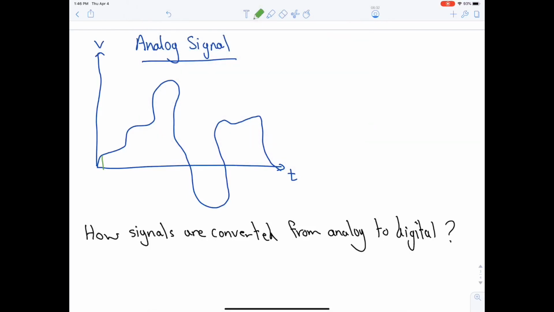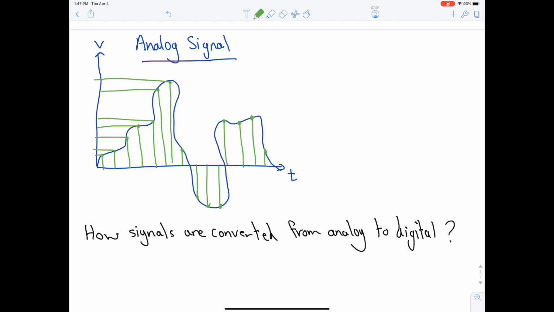So we pick this time, this time, this time instant, this time instant. It's just a sketch, okay? And then we measure the amplitudes, the actual voltage value at those samples. Now this is called sampling.